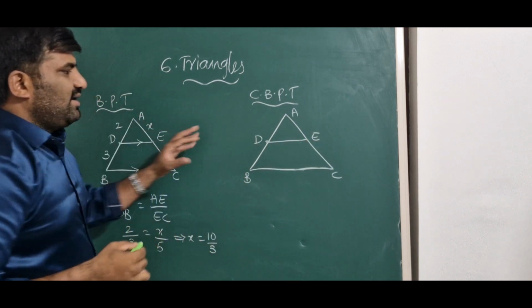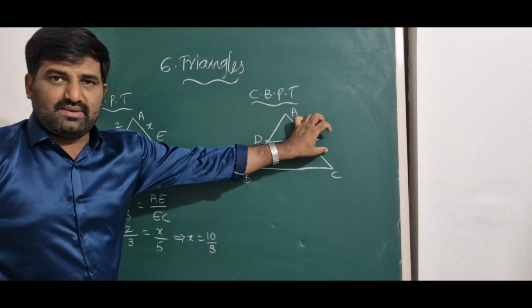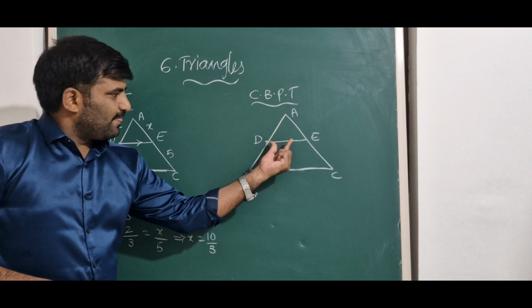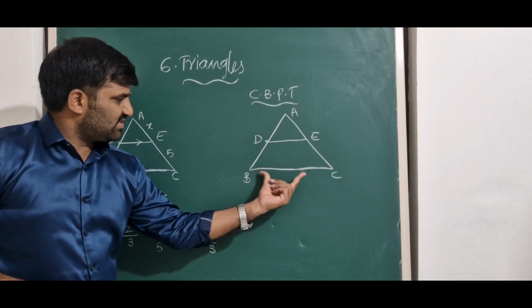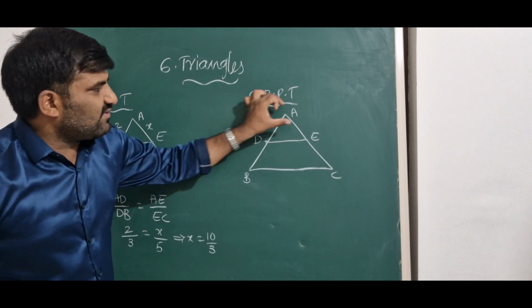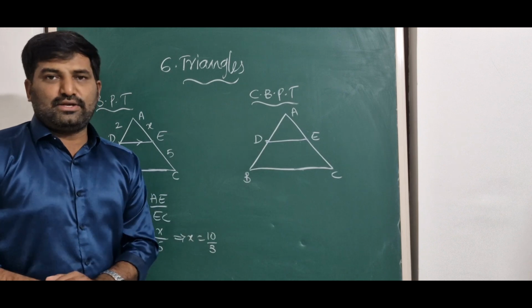See the statement: in a triangle ABC, a line segment which divides the two sides in the same ratio is parallel to the third side. Now that means if AD by DB is equal to AE by EC, then DE is parallel to BC.